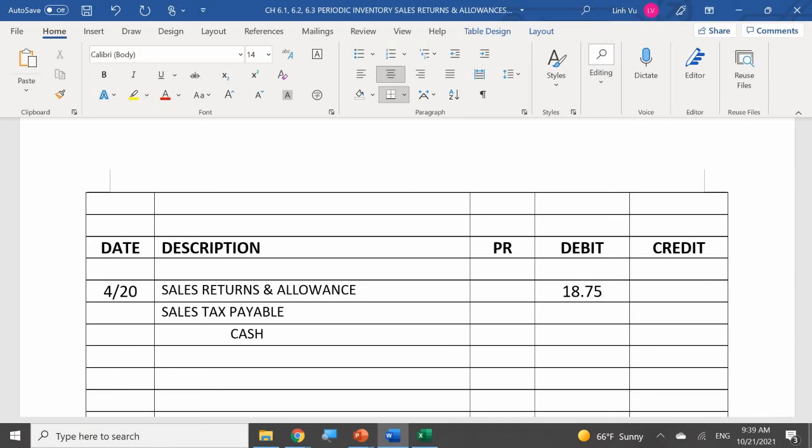$18.75. Now in this case, because I have to give a portion of the money back, what is the sales tax off of the $18.75? $1.55. So therefore, how much cash am I giving back to customer C? $20.30.